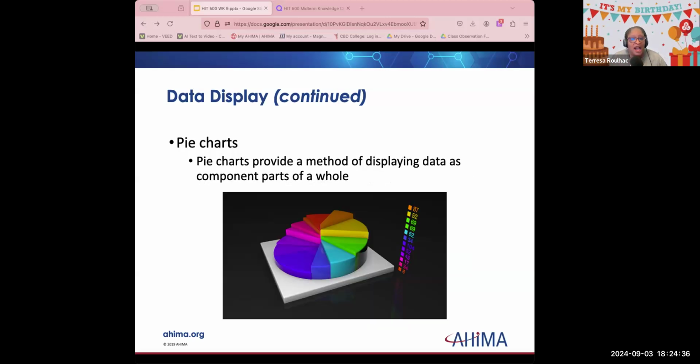We move to pie charts. Pie charts are useful to display data as component parts of a whole. They consist, of course, of a circle that is divided into sections, just like wedges or slices, like you see on the screen.